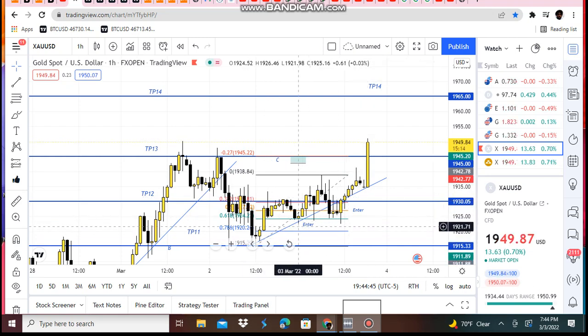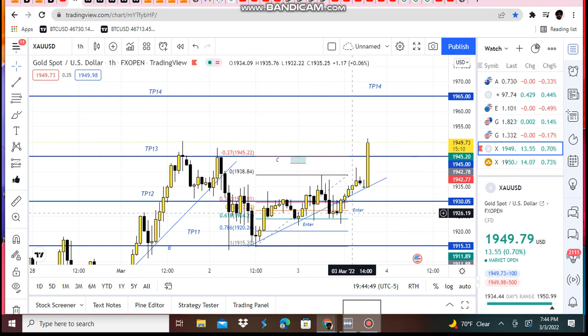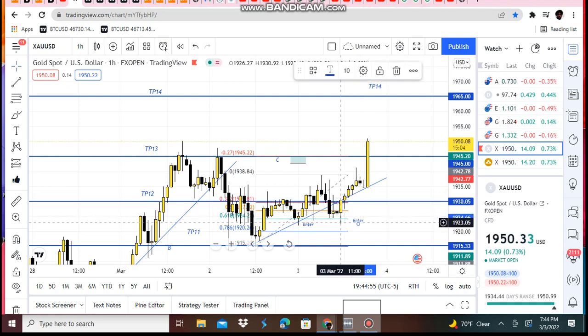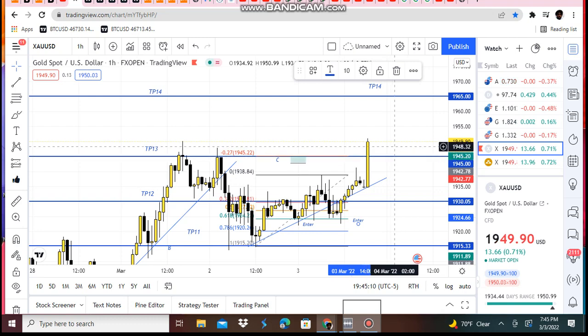You could have entered all the way up to 0, waited for a higher low back down to 1923, and made a second entry and rolled this all the way up to 27 extension. Price goes right past 27 extension, and it's now at 1949.